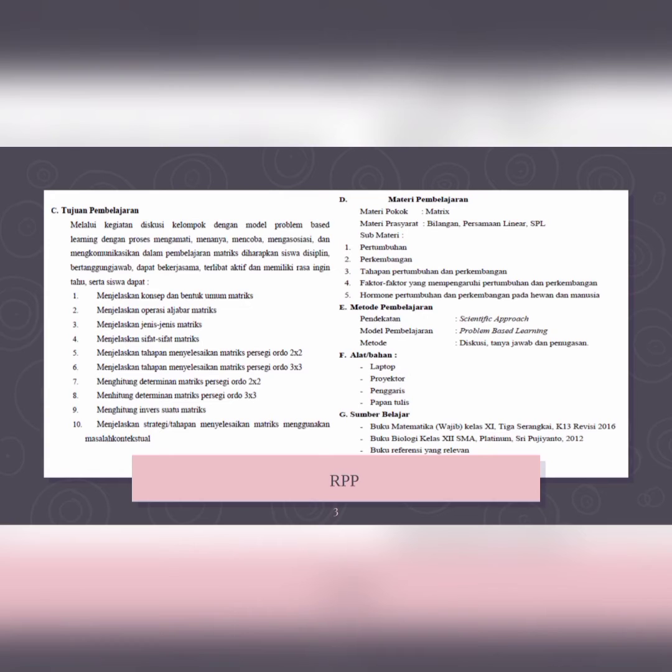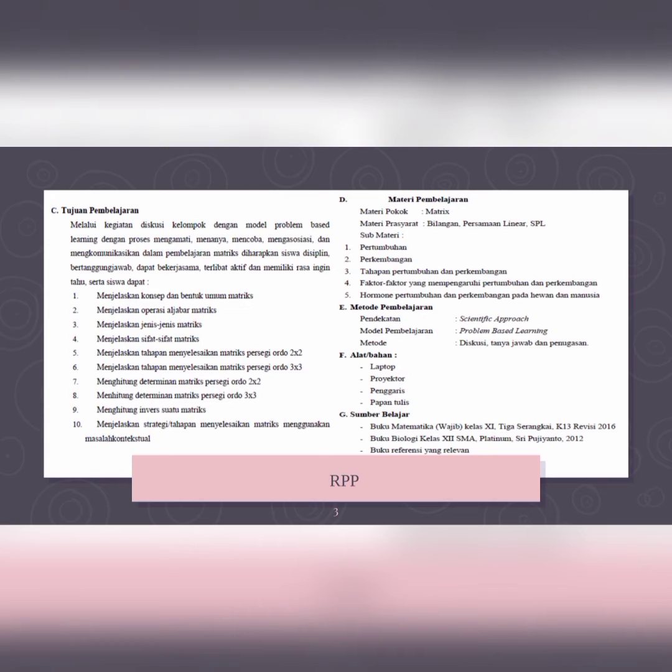Example of method, learning method is scientific approach, and the model learning is problem-based learning, and the method is discussion, question and ask.